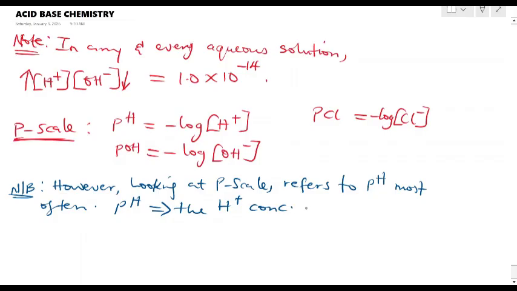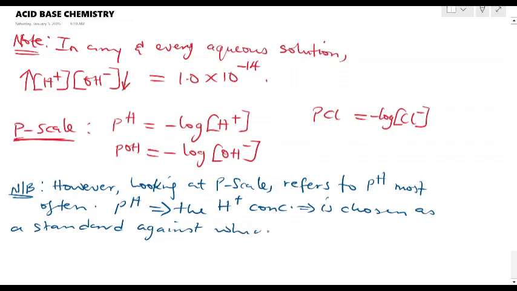This has been chosen as a standard against which other things are measured.